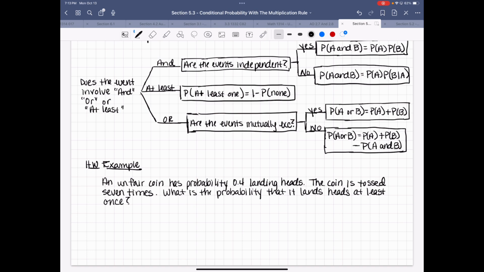What is the probability that it lands heads at least once?